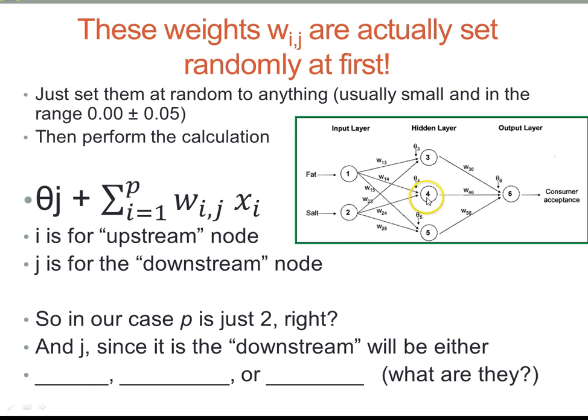Now we want to go here, so it's 1 to 4 and 2 to 4. So I want to have x i, w i 4, and that will do it. That's going to tell you what's going into node 4.